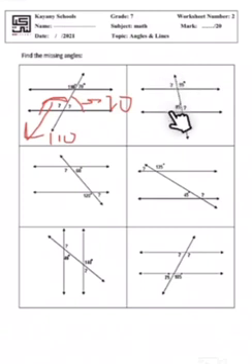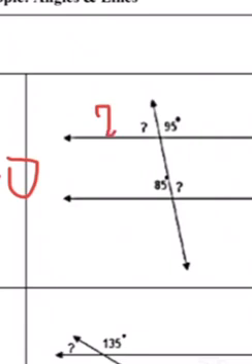So this angle is equal to this angle, so it is also 85 degrees. Or we can use the F shape. This angle is equal to this angle because they are matching.